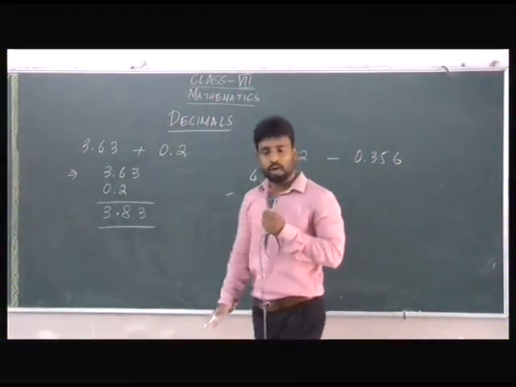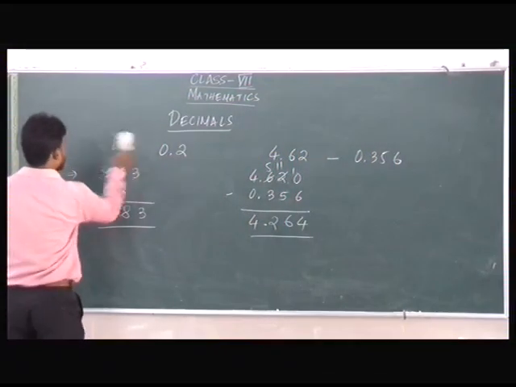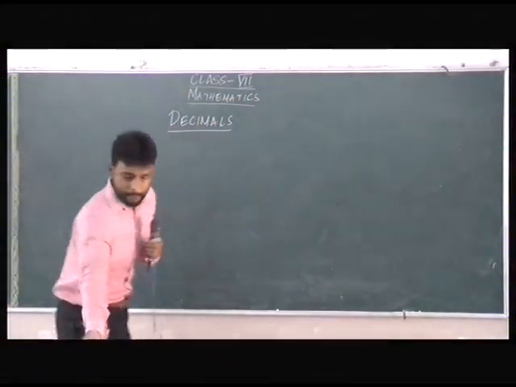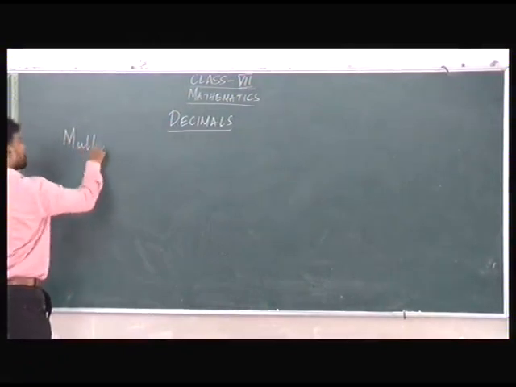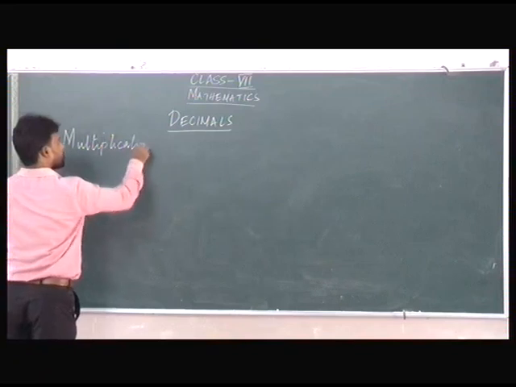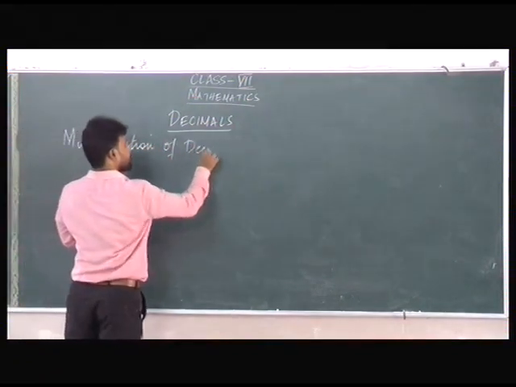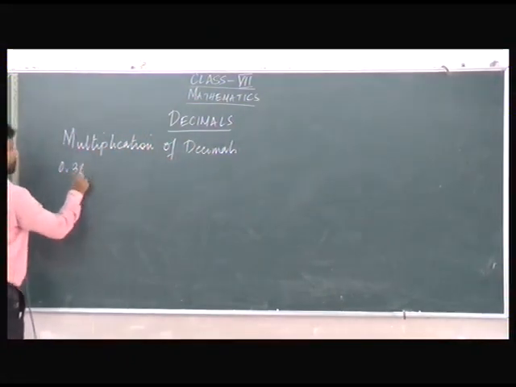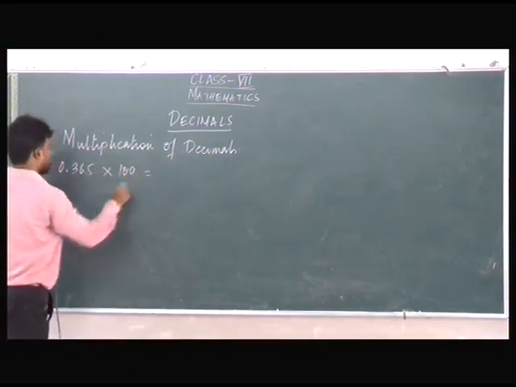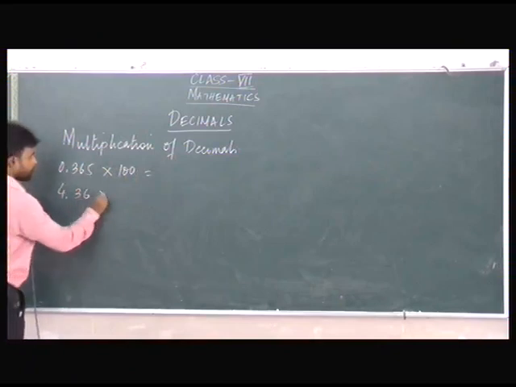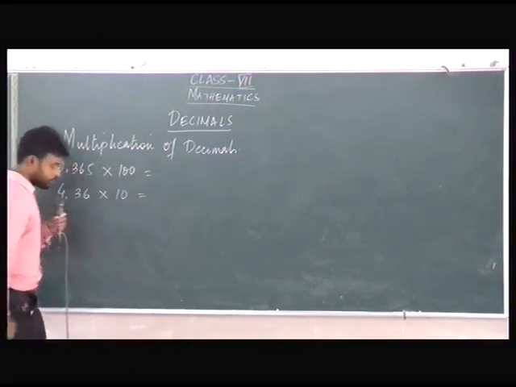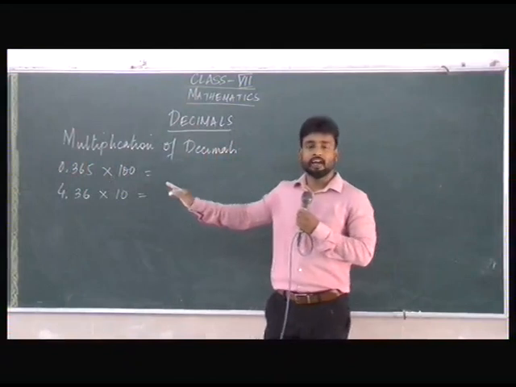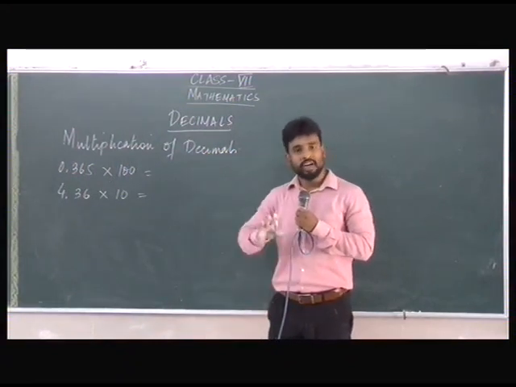Now let us come to multiplication of decimals. Whenever we multiply decimal numbers with numbers such as 100, 10, 1000, etc., do not multiply.